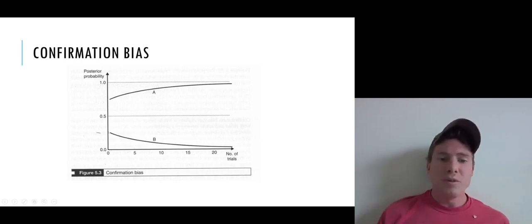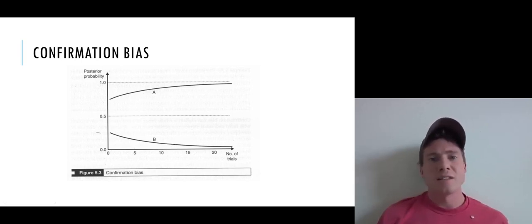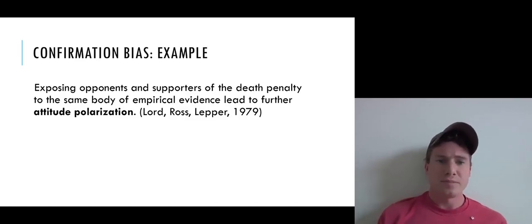Whereas person B was initially inclined to disbelieve the proposition in question. They thought the hypothesis was relatively unlikely. So for them, as they get more and more evidence, their belief in the proposition tends to go even further down. They assign even less and less epistemic probability. So this is a nice graphical representation of what's going on in confirmation bias.